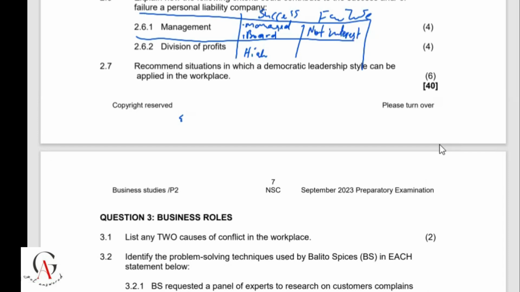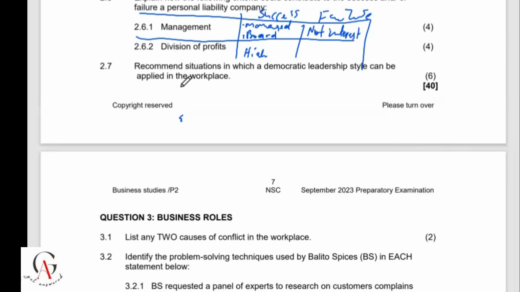But now when it comes to the failure of the division of profits, we are saying that shareholders may sell their shares when dividends are very low, resulting in a drop in share price. Okay, right. So now let's move on to 2.7. So now 2.7, we have the recommendation in line with our democratic leadership style.